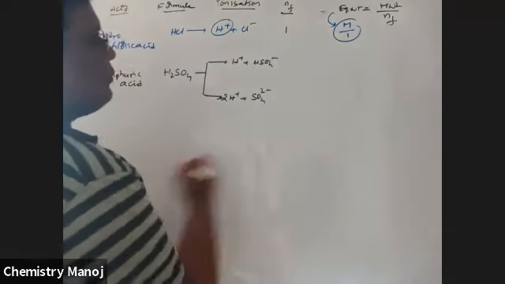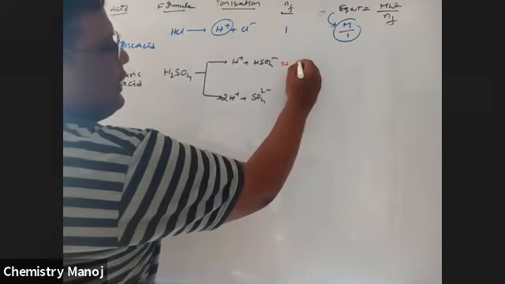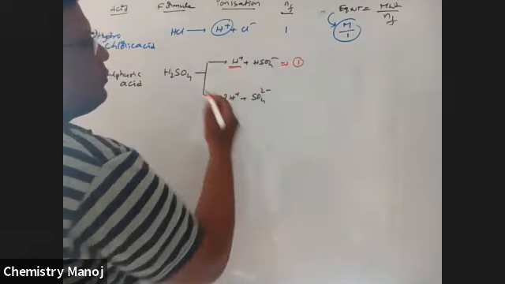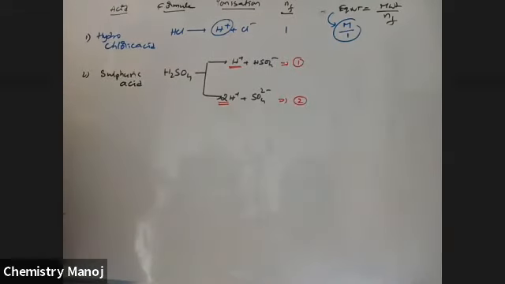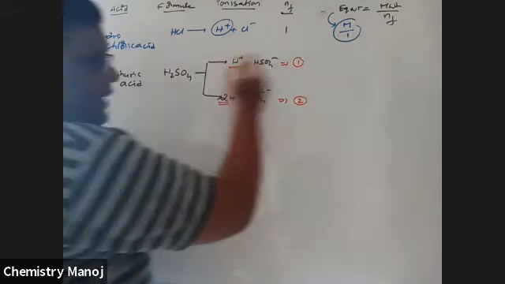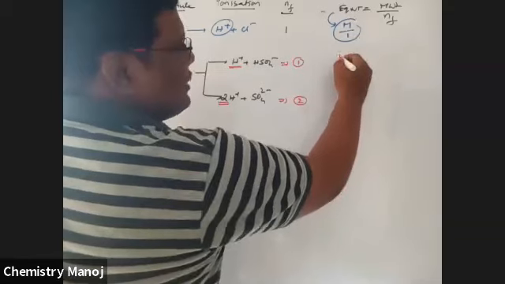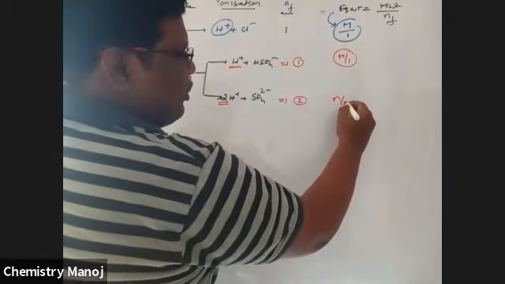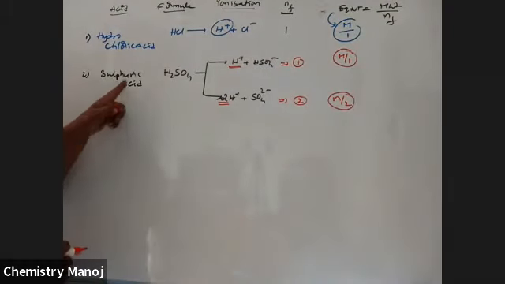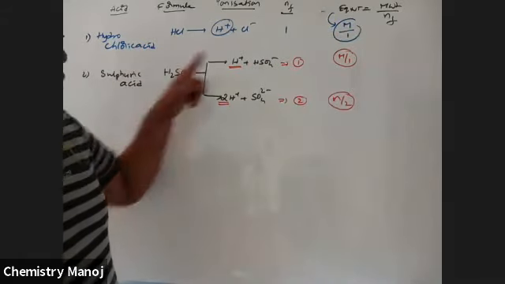In this case, N factor is 1 and in this case, N factor is 2. Therefore, if the reaction takes place like this, equivalent weight is molecular weight by 1. But here, equivalent weight is molecular weight by 2. That means equivalent weight of H2SO4 is not constant.